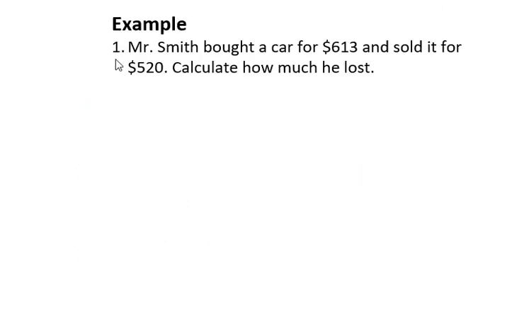We have an example. Mr. Smith bought a car for $613, which is the cost price, and sold it for $520. This is the selling price. Calculate how much he lost. We'll use the formula: loss is equal to cost price minus selling price.